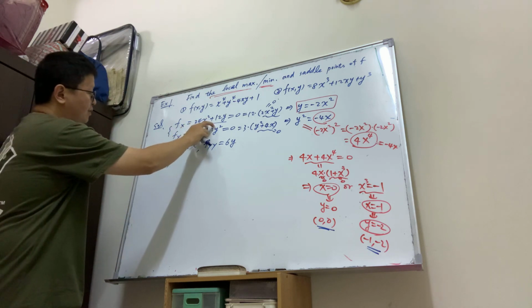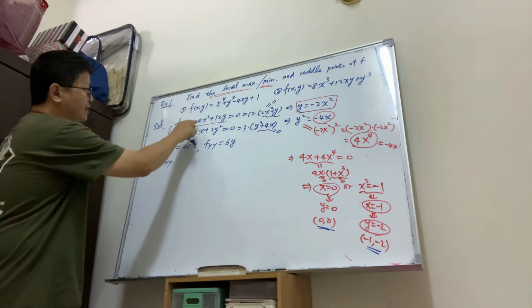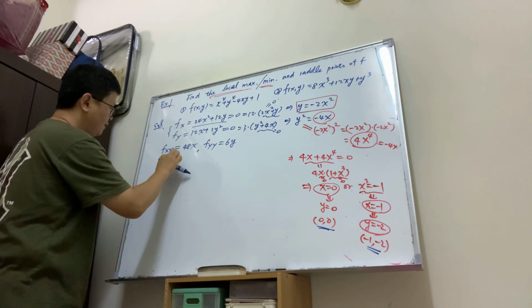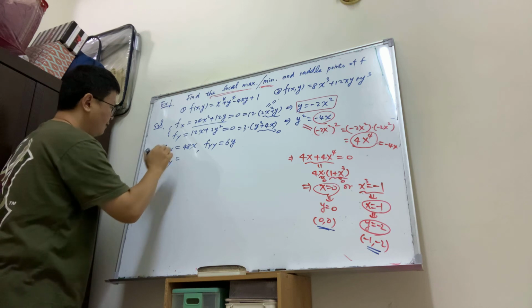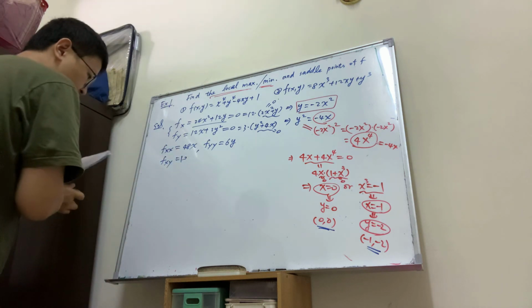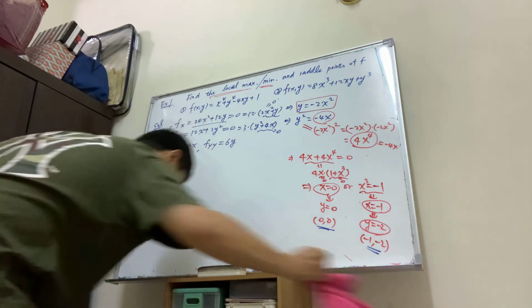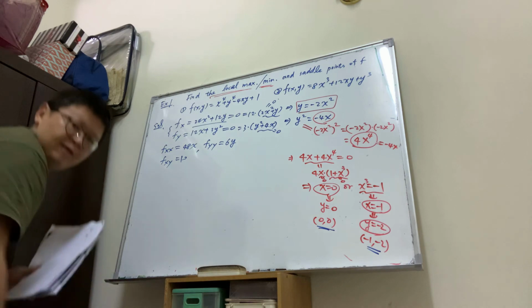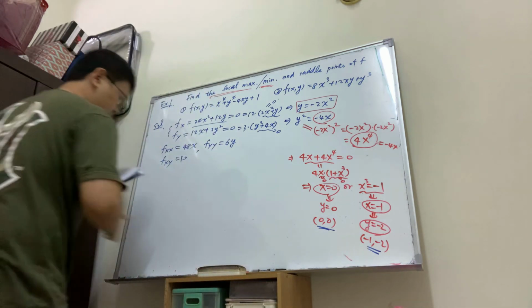And we still have fxy and fyx. When we consider the derivative by y, this term is constant, so its derivative is 0, and this term is 12. It's 12.